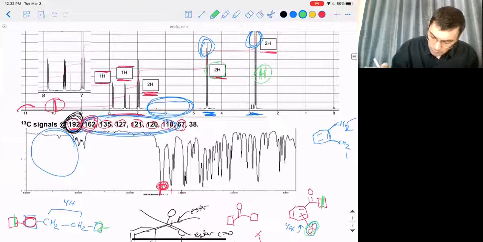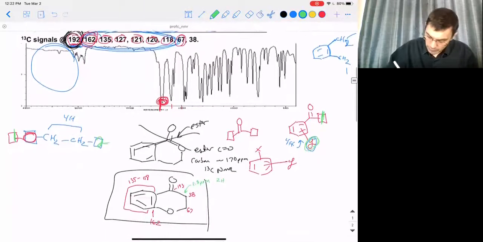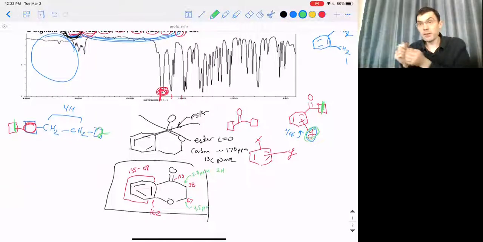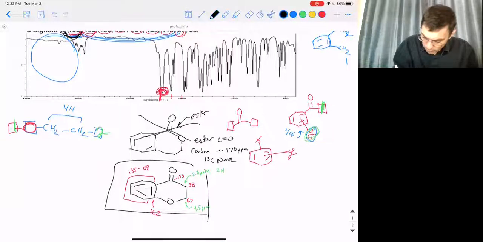This signal here, I'm going to eyeball it about 4.5, and that's got to be this one here, 4.5 ppm. And again, that's pulled further downfield than we would normally like it to be, but we can consider a resonance structure here.